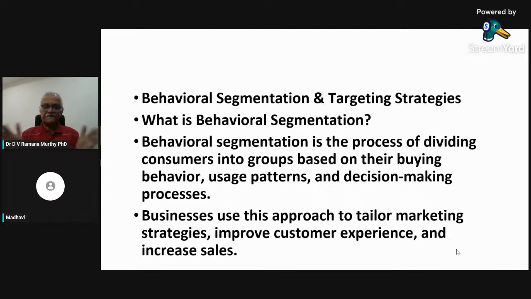Segmentation is separation. Behavioral segmentation is the process of dividing consumers into groups based on their buying behavior, usage patterns, and decision making processes. See, people are differently placed in terms of using different types of products.